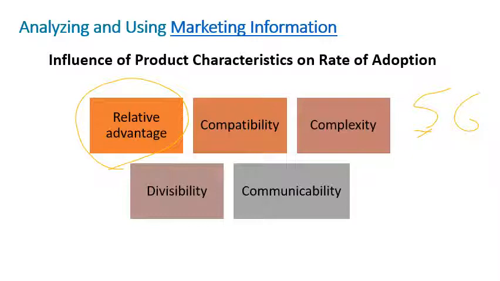And the question is, how much faster is this versus the 4G and 4G LTE, which is the technology that most users have right now? And basically, as customers realize the advantages that 5G has relative to 4G and whether they are actually worthwhile, this relative advantage will dictate how quickly these 5G networks actually spread in the marketplace.